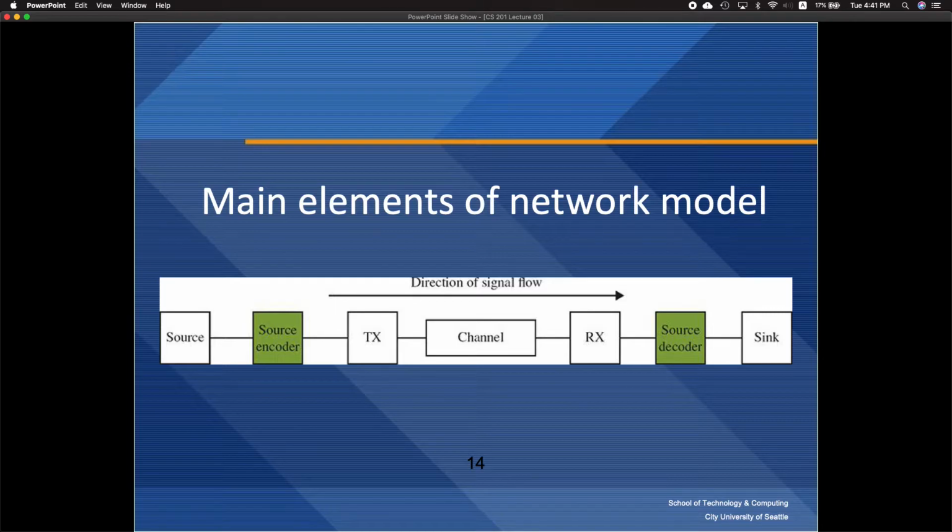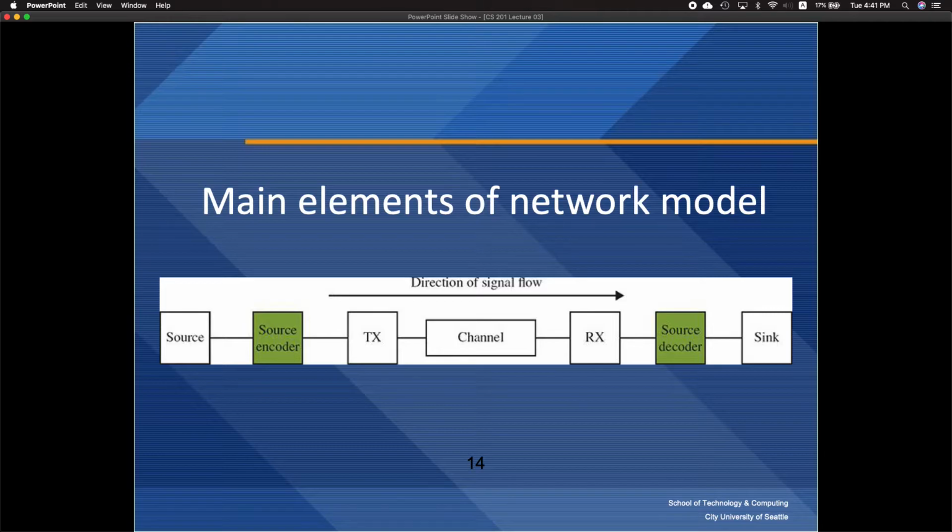So let's say a computer would talk to another device. It would basically encode that, maybe change the format into machine language, right? And then it would be transmitted, shown with the TX, and goes to a channel. Again, that channel is the one connecting the source and receiver.